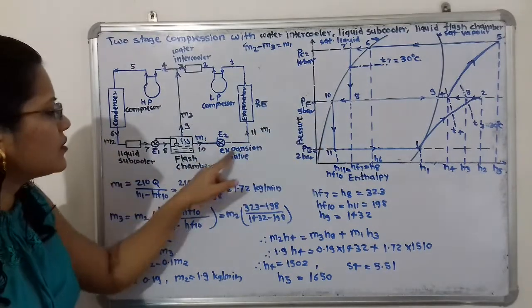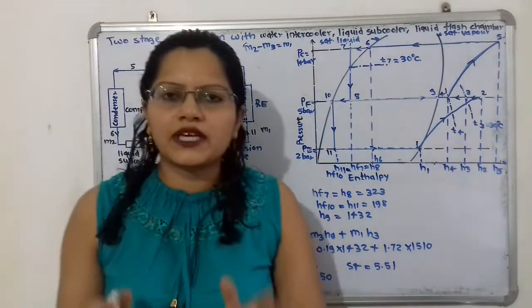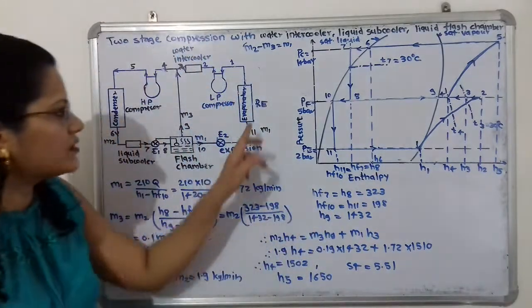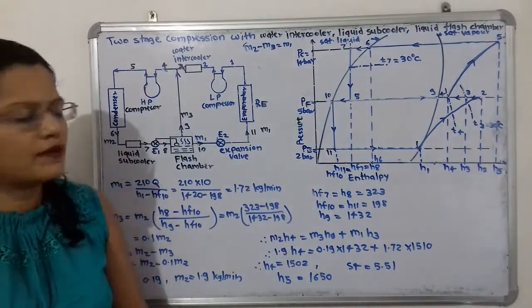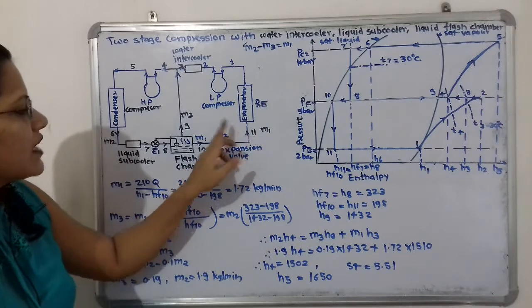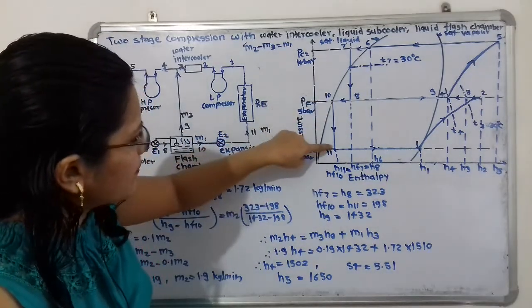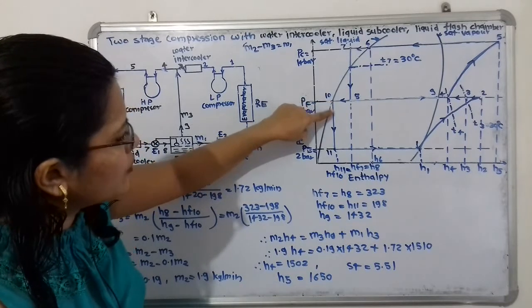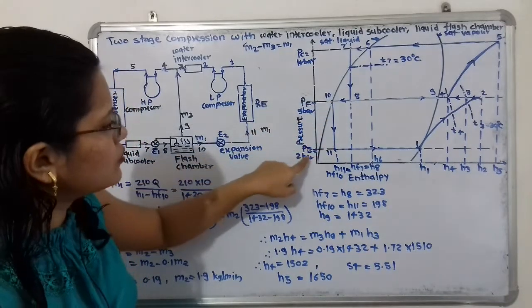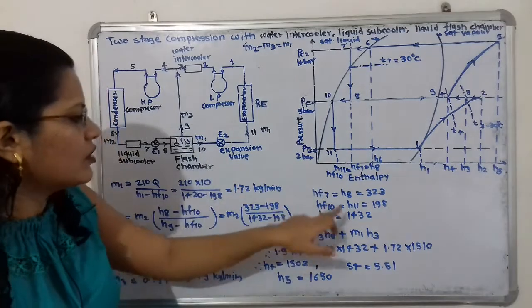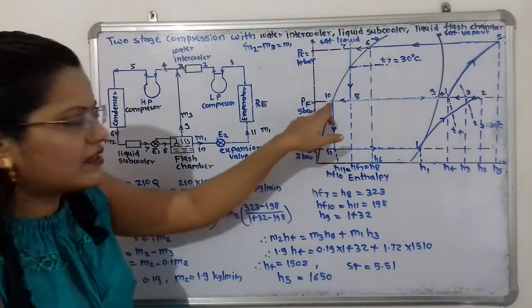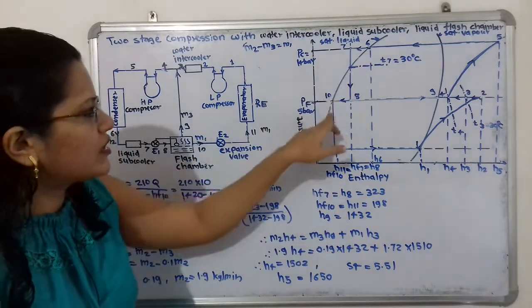Here again the expansion process is taking place for this saturated liquid refrigerant at point 10. This expansion process is taking place up to the evaporator pressure, that is up to the pressure of 2 bar. When this expansion is taking place at constant enthalpy, here is the line. So here is point 10, and we have to extend this line up to 2 bar, and here is point 11. So here is hf10, the saturated liquid refrigerant.